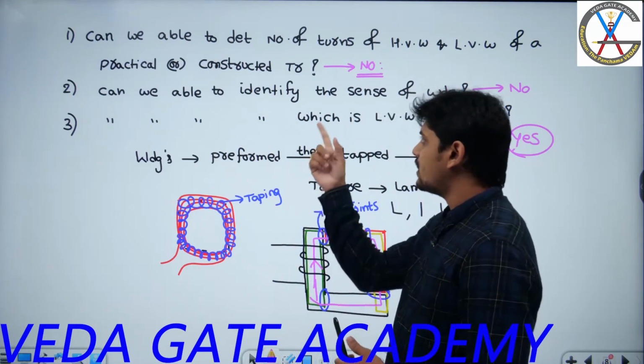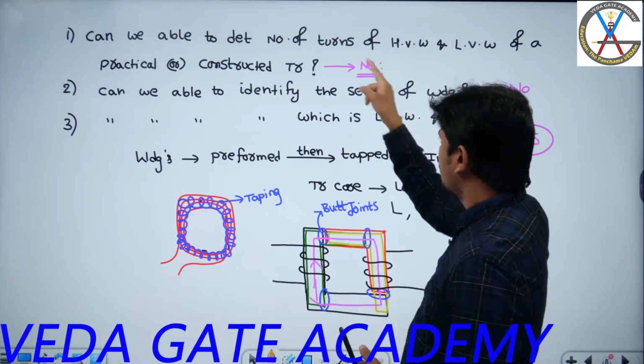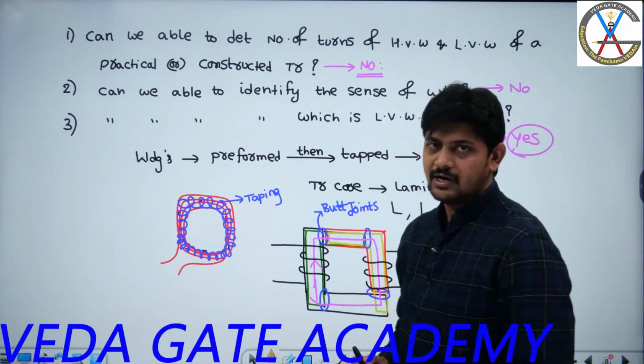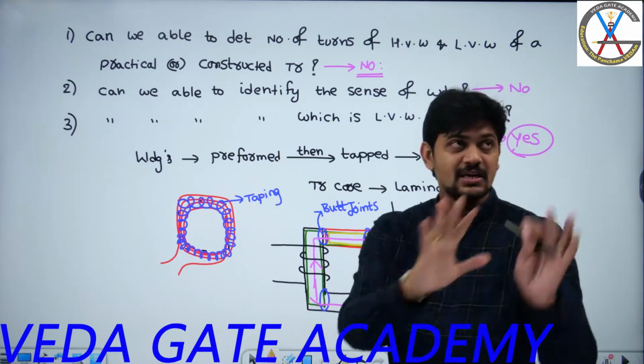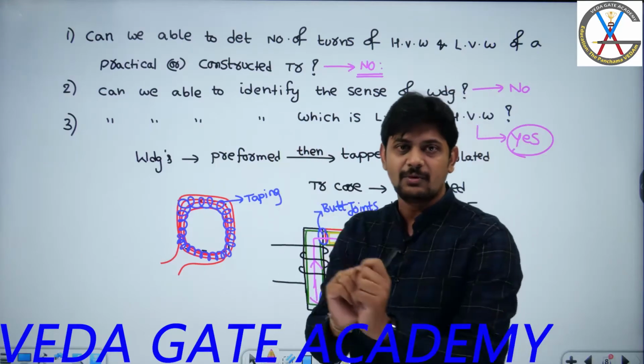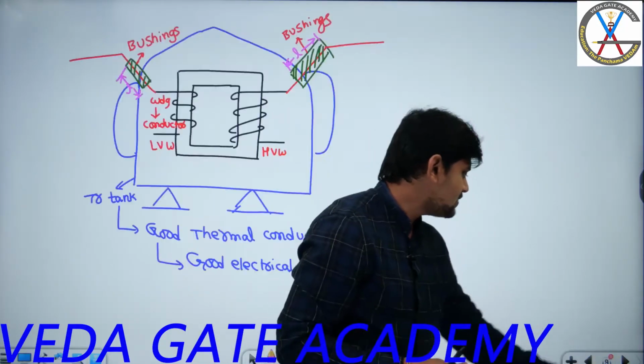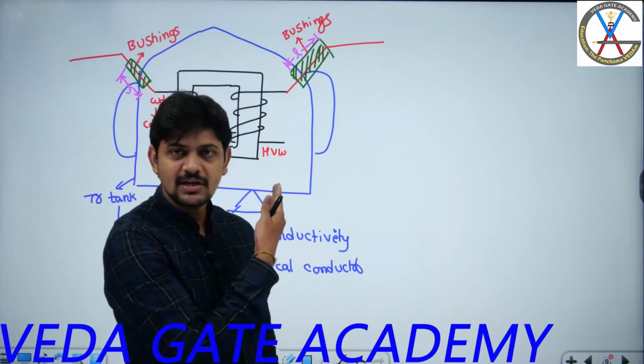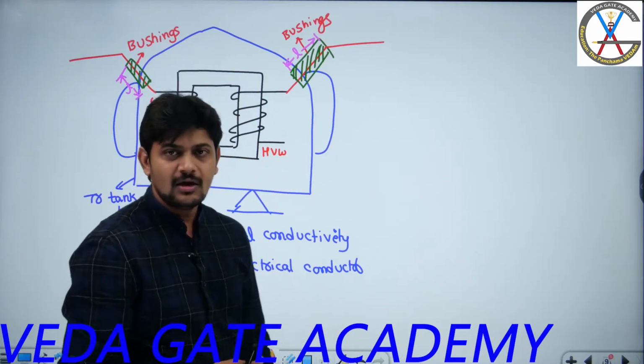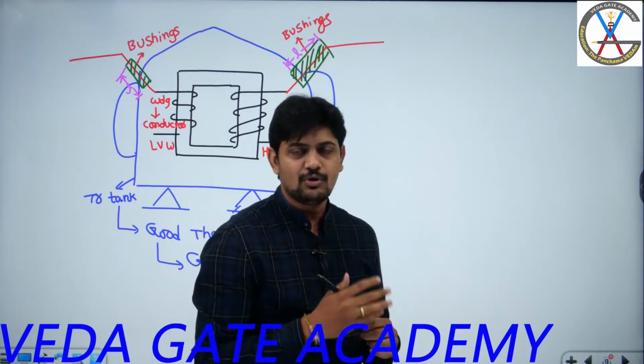That is the reason I cannot identify the number of turns or the sense of the winding. But by seeing an installed transformer, I can say which is the HV and which is the LV winding by seeing the size of the bushings. So this is a brief idea about the interview question.